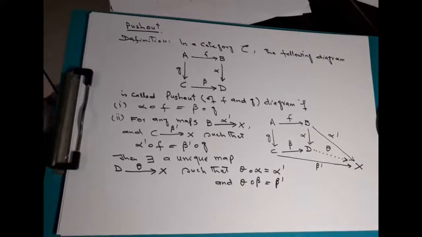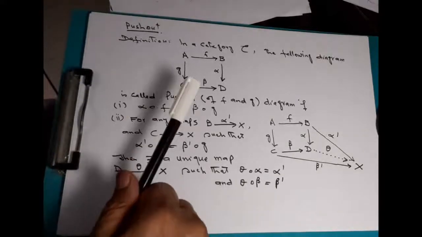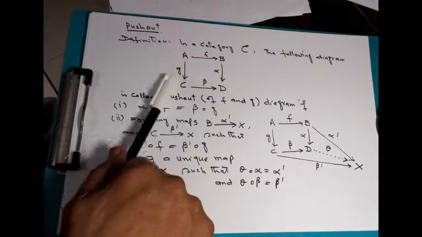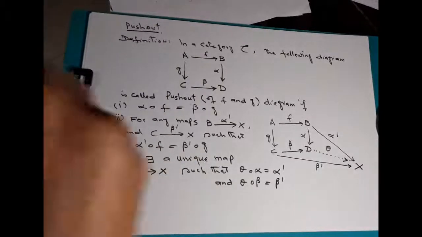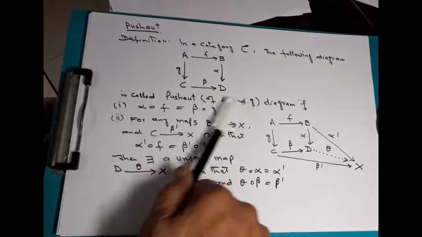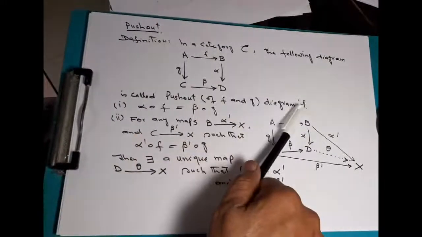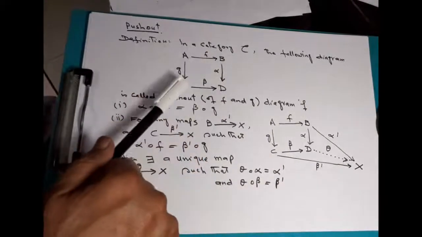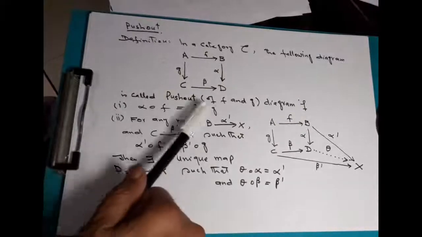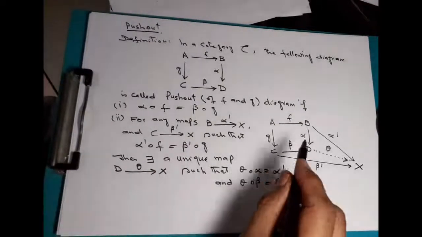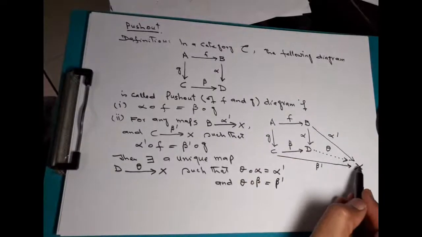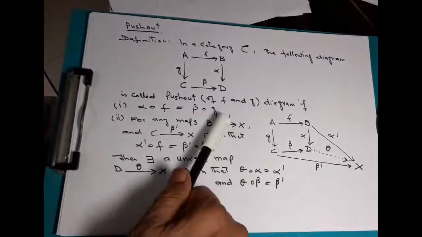So let me repeat the definition of push out. This particular diagram is called the push out of these two maps if, first of all, alpha composed with F is equal to beta composed with G, and secondly, if there are maps from B and C to an object X which satisfy the similar condition.